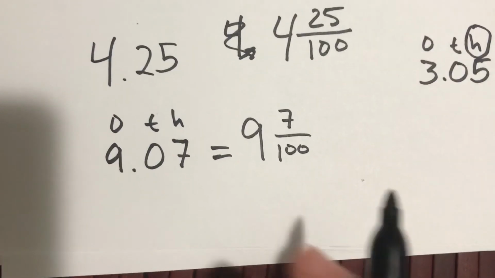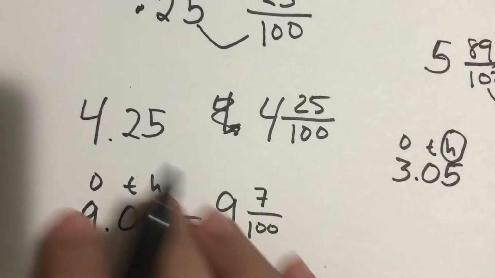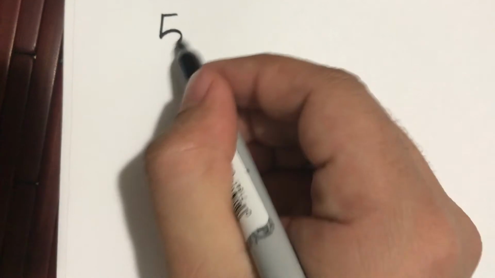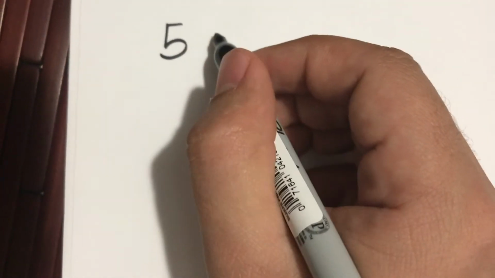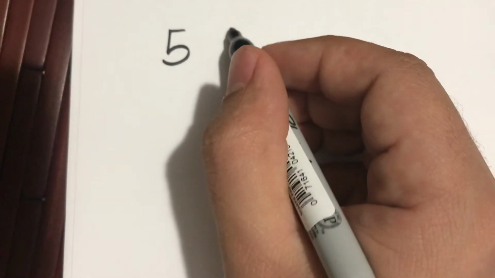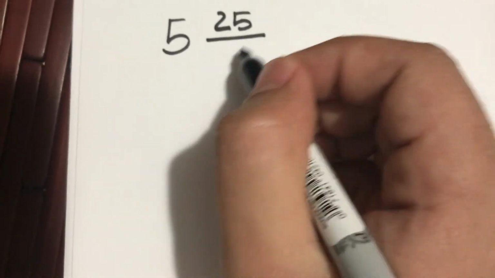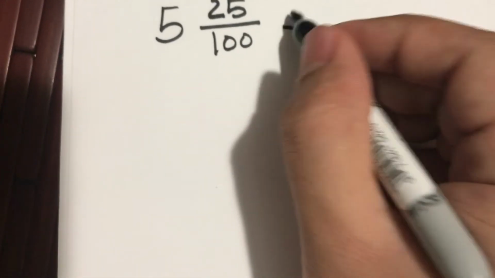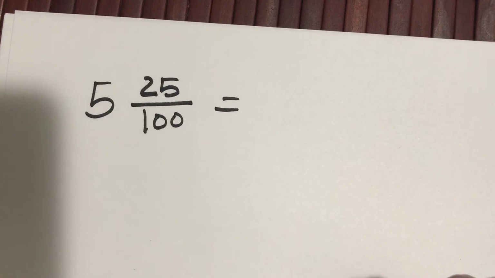Now what happens if they give you a mixed number and you have to make it into a decimal? Well, let's go ahead and do a few examples like that. Okay, so they gave us 5 and a fraction, 25, and obviously it has to be over 100. How would you make that into a decimal?